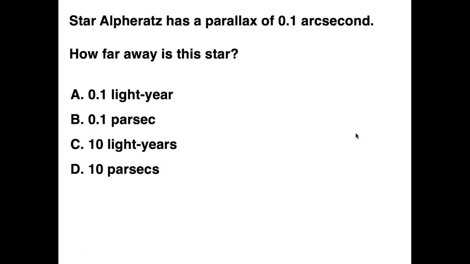Well, the distance is 1 divided by the parallax. So 1 divided by 0.1 arcseconds. 1 divided by 0.1 is 10. So the distance to that star must be 10 parsecs. Using parallax, the distance always comes out in parsecs. So D it is.